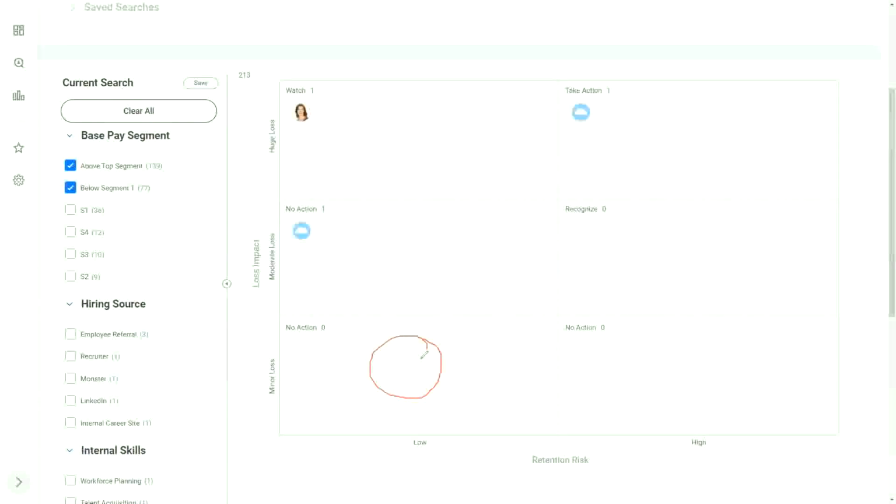And even if they leave, I don't care. I can get another person, I can replace them easily. What about this one? So there will be a moderate loss. So maybe I need to take care of it a little bit. But if you were to give a priority list, what would be your priority?